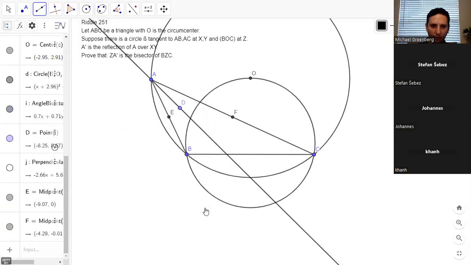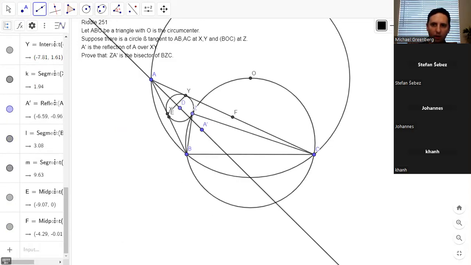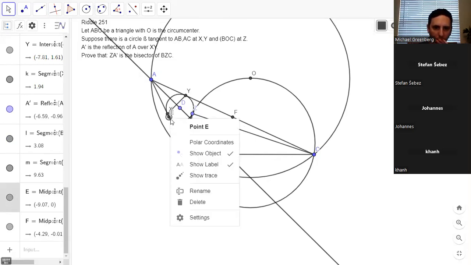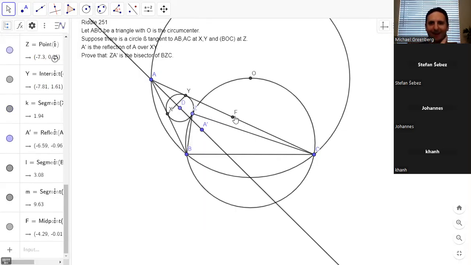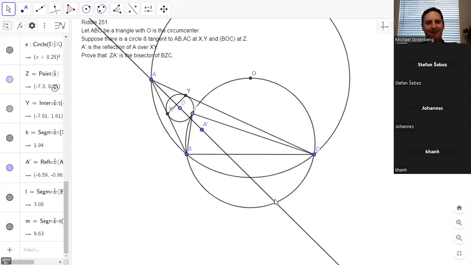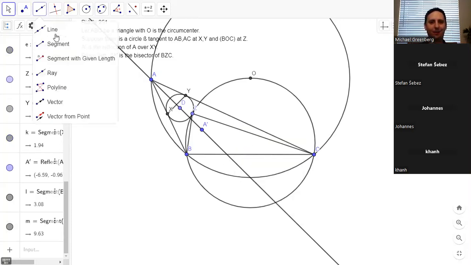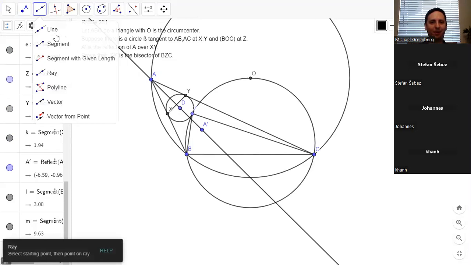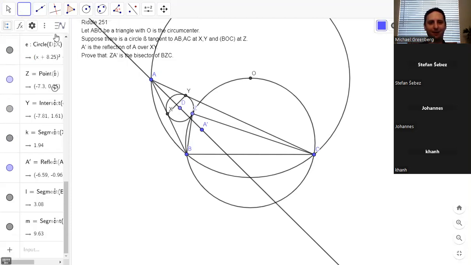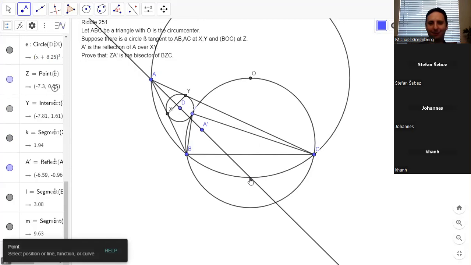Okay. All right, let me delete point E. This really is a great insight. It almost seems like whoever made this problem definitely was intending to do this root BC inversion.